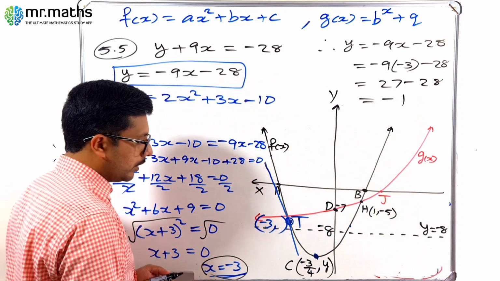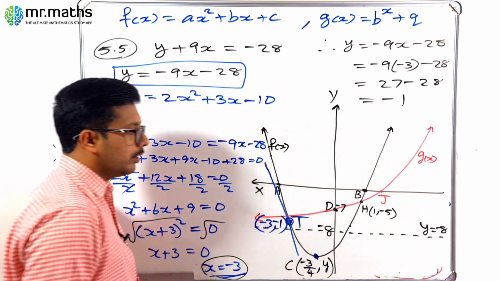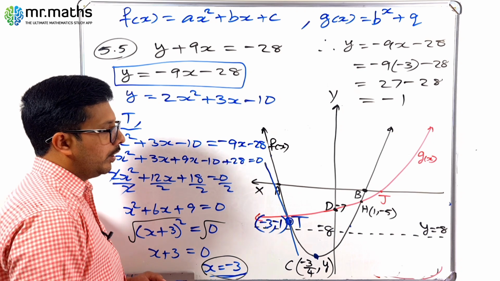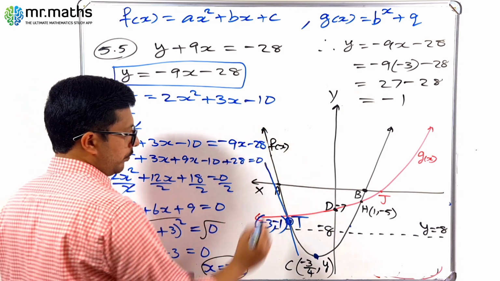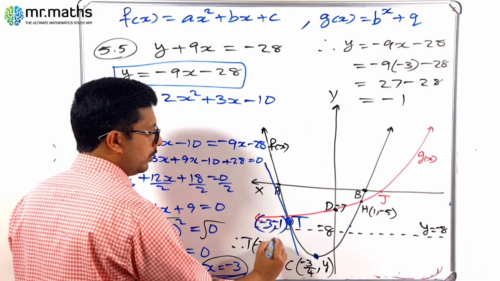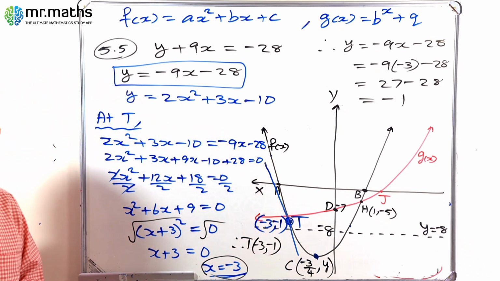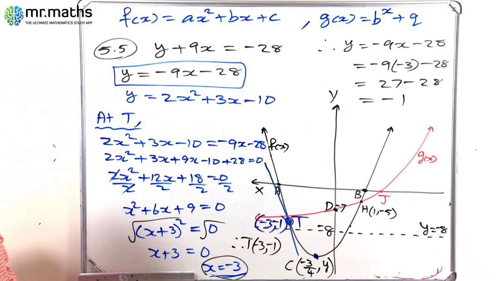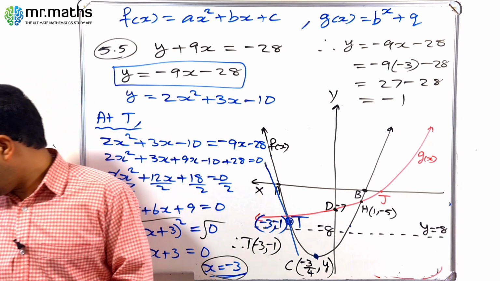So the y value is minus 1. Therefore the coordinate of T is minus 3 comma minus 1. That is the answer, question number 5.5.